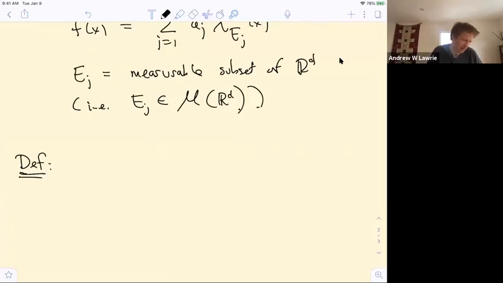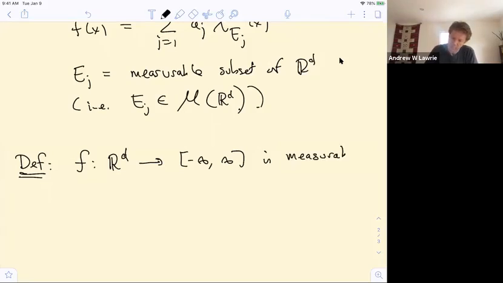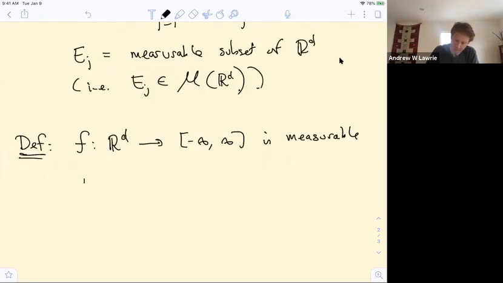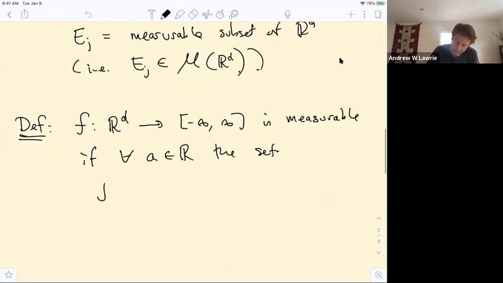So we'll say f, a function from R^d to the extended reals, is measurable if for every a in R, the set f inverse, the preimage rather, of the interval minus infinity to a is measurable.